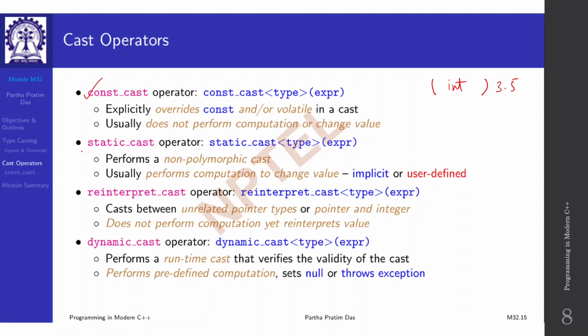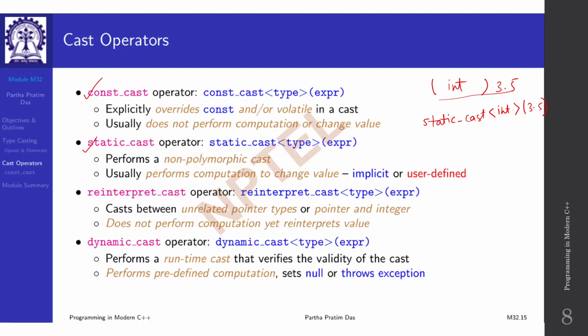Next we have the static cast operator. The static cast operator does the usual kind of casting that we know. So if we are writing this expression in C, then the corresponding expression in C++ will be static cast int, and then you can write 3.5.